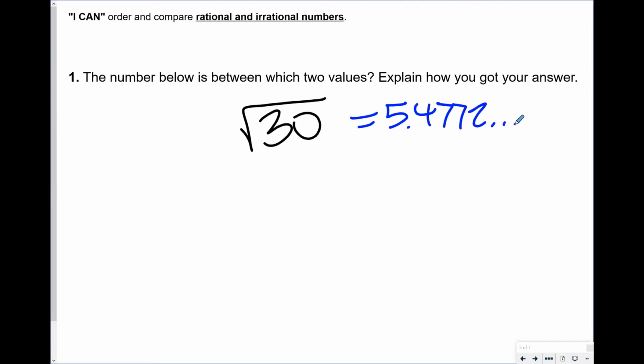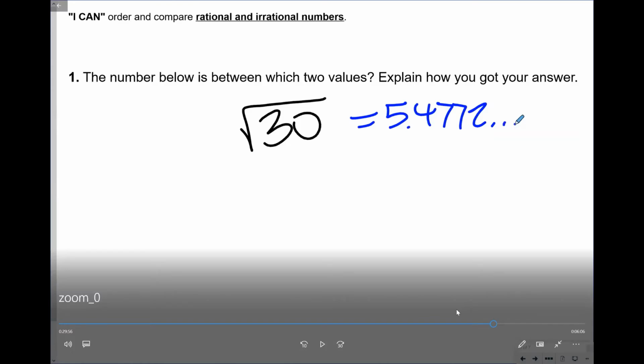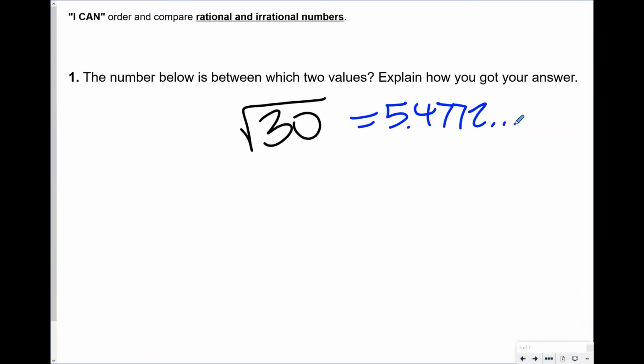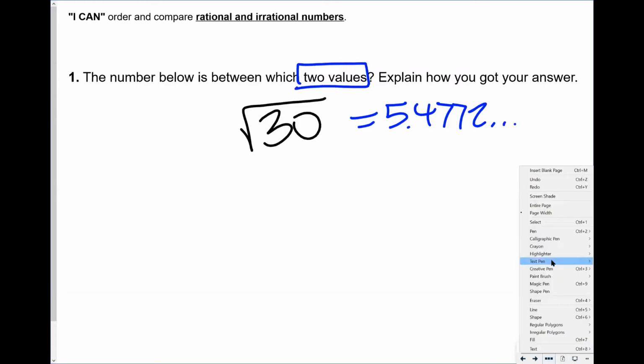We can also round this to 5.5 if we wanted to. It didn't tell us to round, so we're just going to leave it as is. So in this case, it is between which two values? I'm going to type this out instead of writing it.